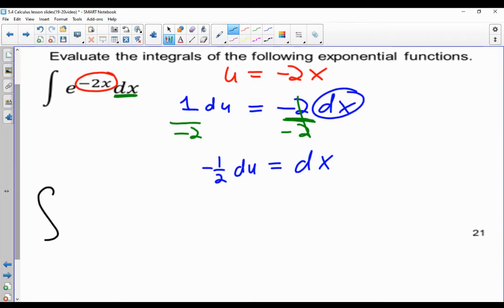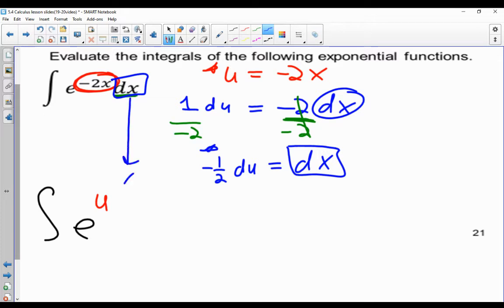Okay, now I have all the tools I need to plug in the substitution. So here's my integral, e, but instead of e to the power of negative 2x, I'm going to replace it with u. And in place of the dx, my dx is the same thing as negative 1/2 du, so I'll replace that with negative 1/2 du.